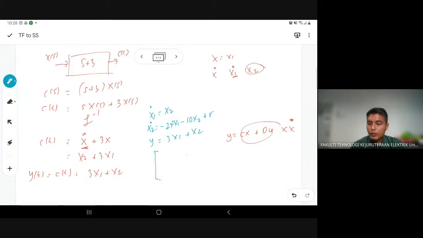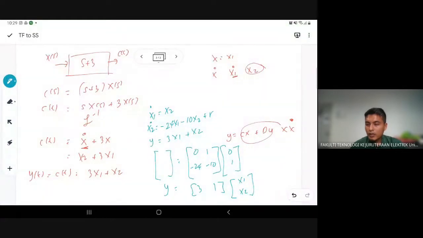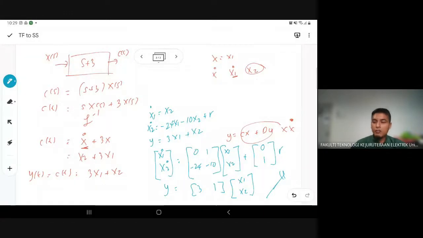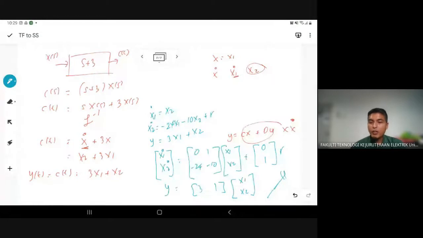So when we put it in the state space form, X1 dot, X2 dot equals [0, 1; negative 24, negative 10] times X1, X2 plus [0, 1] R, and Y equals [3, 1] times X1, X2. So this is how you convert from the transfer function to state space in phase variable form.